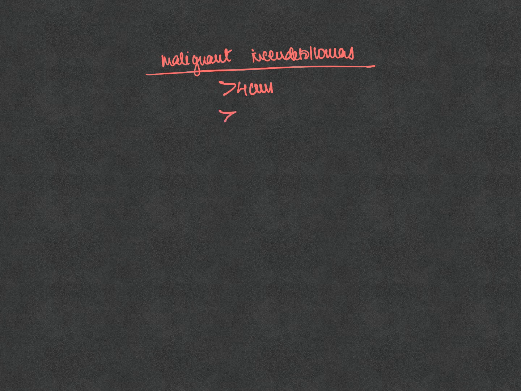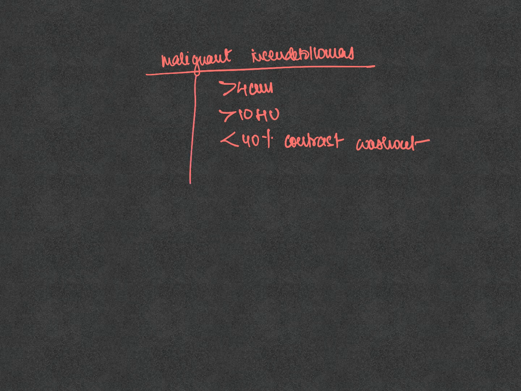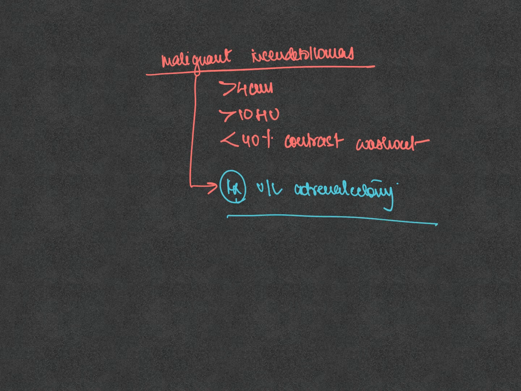One is the CT attenuation of more than 10 Hounsfield units, and one is less than 40% of contrast washout. All right. So these are the areas in which we need to understand where the incidentalomas can be malignant. Now, if malignant incidentalomas happen, then the treatment of choice is going to be unilateral adrenalectomy. Okay. All right.